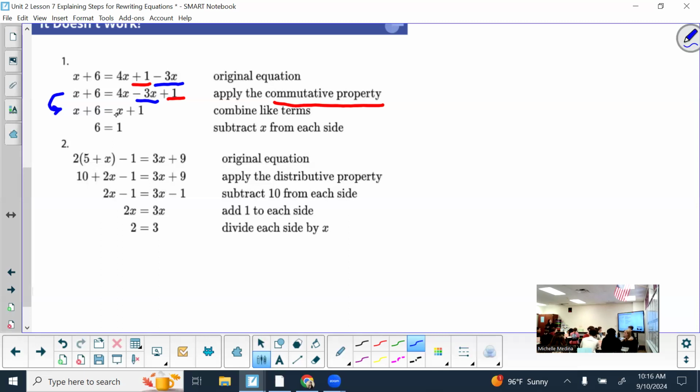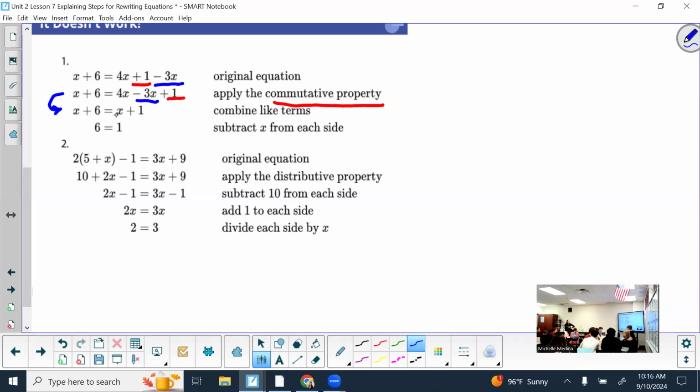But if they are the same variable, then you can combine the numbers in front of them. Combine means like adding a negative is the same as subtracting. So 4 minus 3 is 1, that is 1x, that isn't what is wrong.